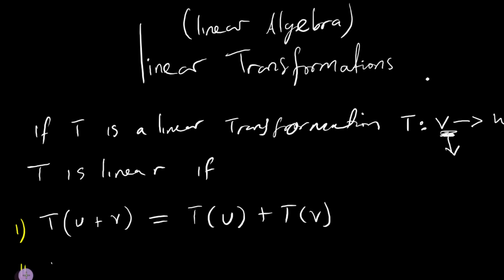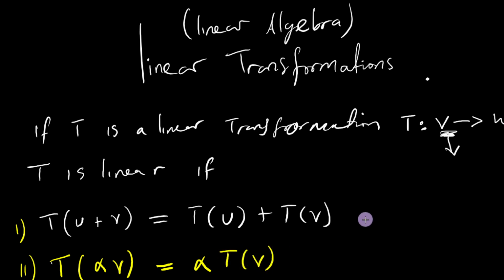There are two conditions that should be satisfied. The other condition is if you get the transformation of alpha times a vector in the object, what you should get is alpha outside times the transformation of that vector.